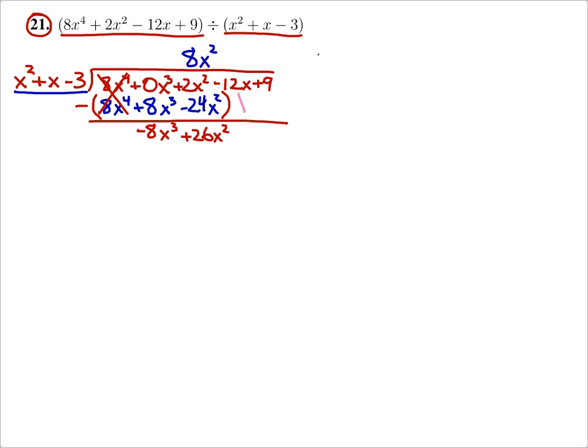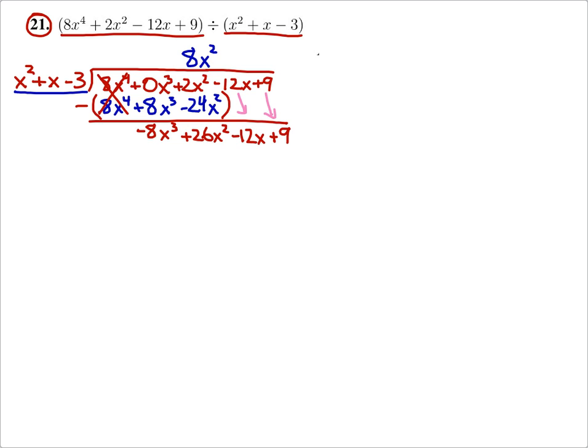And then we have the negative 12x plus 9 that, frankly, were kind of ignored before. We'll go ahead and bring those down because they should feel included too. We're on to the next step.